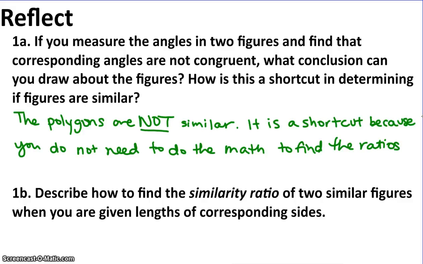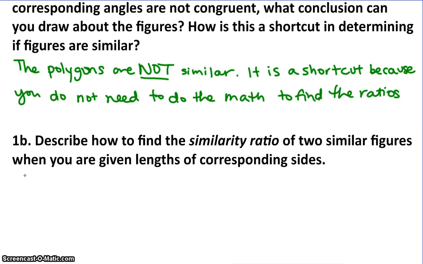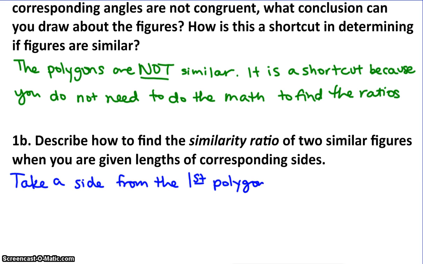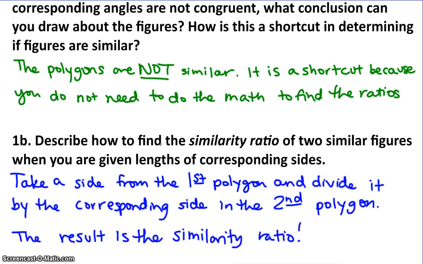So basically, you're going to take one side from the first polygon and divide it by the corresponding side of the second polygon, and that's your similarity ratio. So one side divided by the corresponding side of the other equals the similarity ratio.